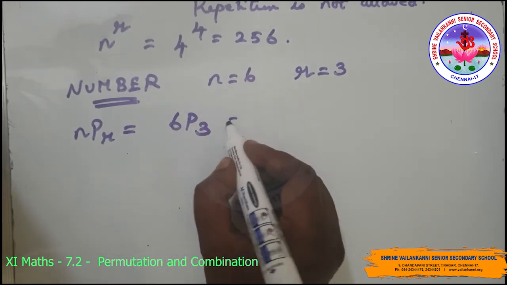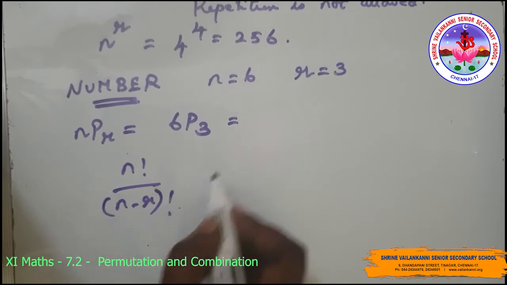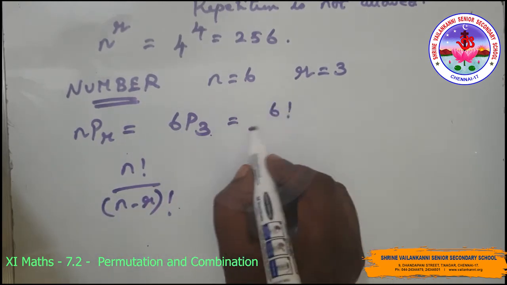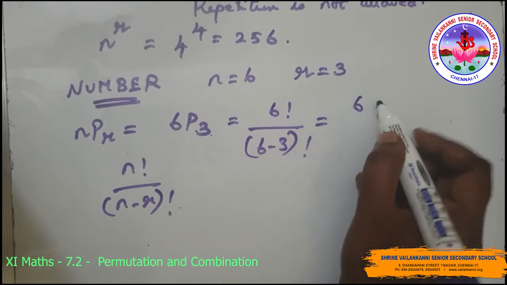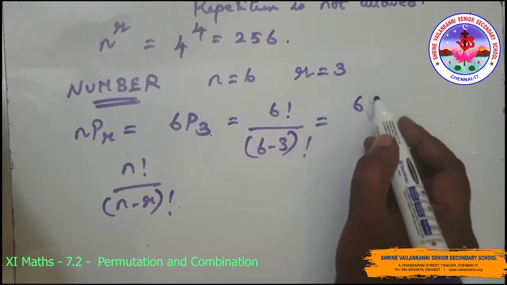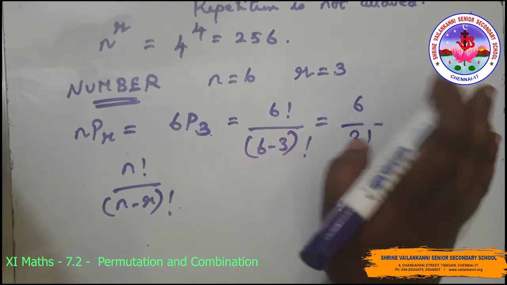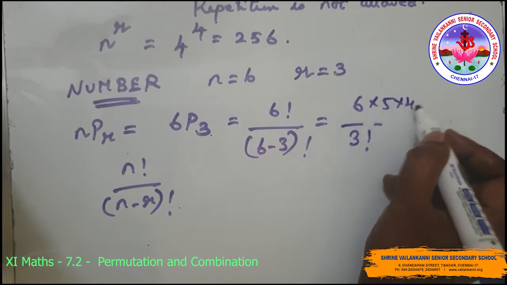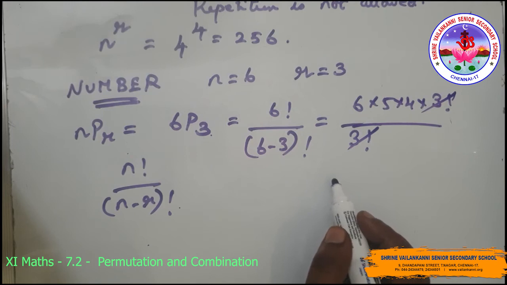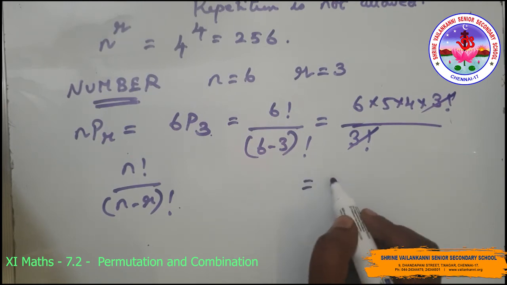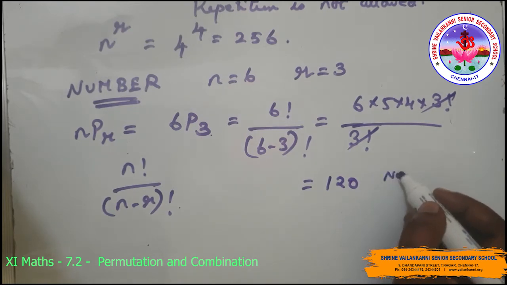So 6P3 using the formula n factorial by n minus r factorial, 6 factorial by 6 minus 3 factorial. So we can write 6 factorial as 6 into 5 into 4 into 3 factorial, so that we can cancel these two. Then 6 into 5 into 4, which is 120, if the repetition is not allowed.